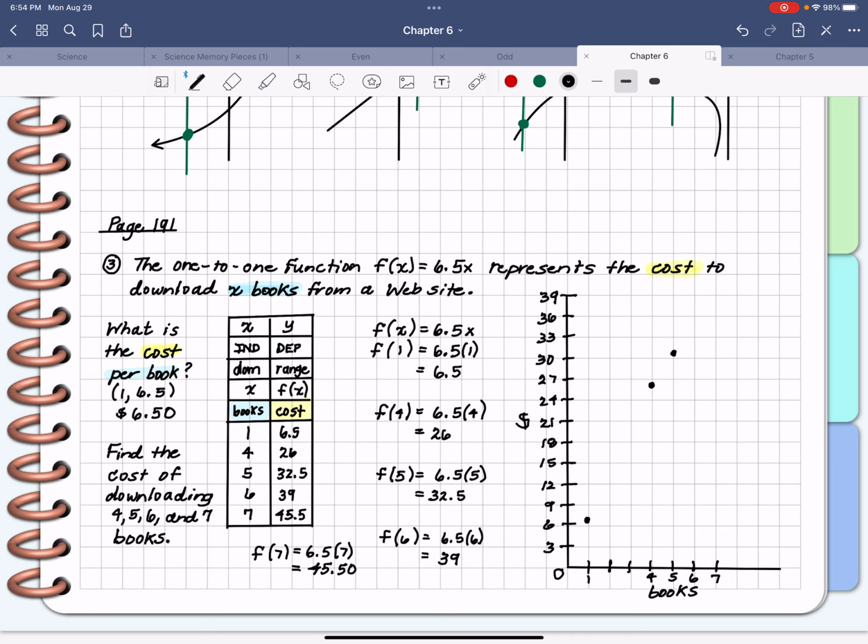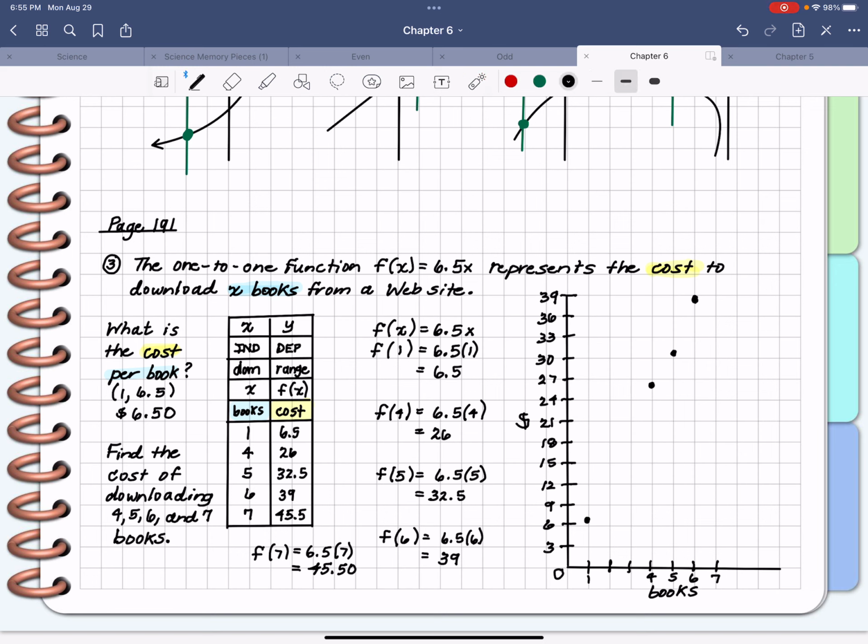And I ran out of graph. That's okay too. We can still graph here. Something like that. Only it should be linear. But this would be sort of the point range of your graph. Notice these values are missing. They're not in the table, but that's okay. We don't have to have them. So the graph would be something like this.